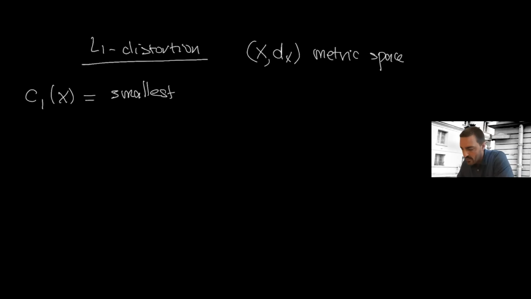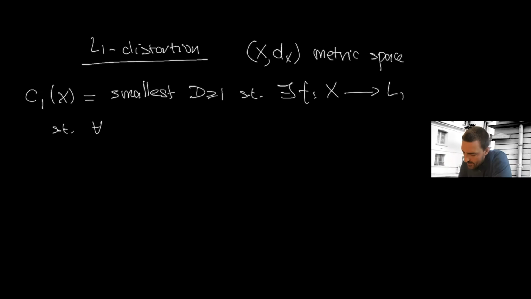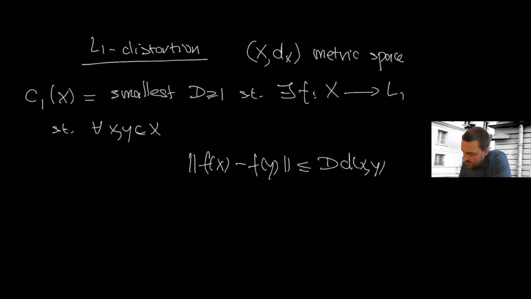This is the smallest D greater than 1 such that there exists a map from X into an L1 space (if your space is finite, you can take a finite dimensional L1) such that for every pair of points in X we have the following inequality: the map is D-Lipschitz and non-contracting.